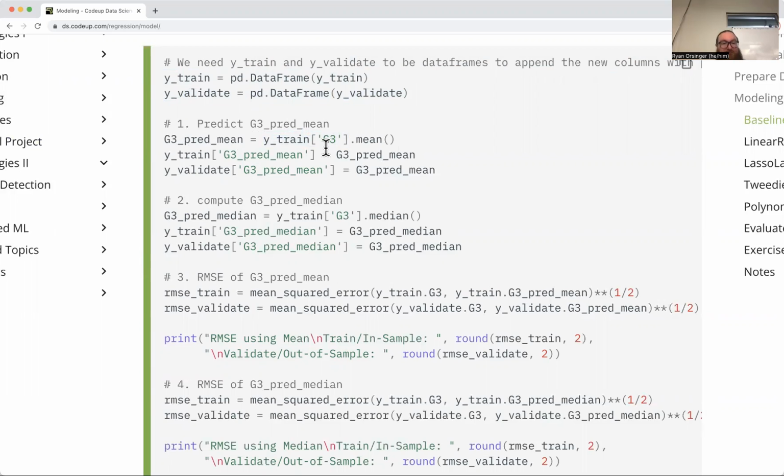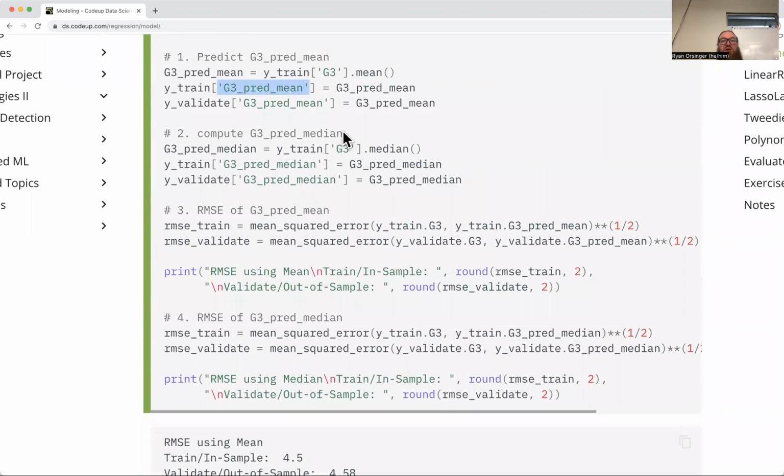And then we will produce what that looks like when we set the mean as a kind of standard value. So that's just one column where it's the mean all the way down, both on train and on validate. We do the same thing with the median. So we have two columns that are the predicted median all the way down.